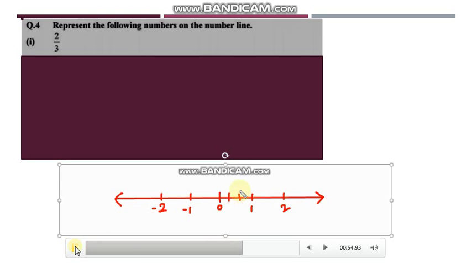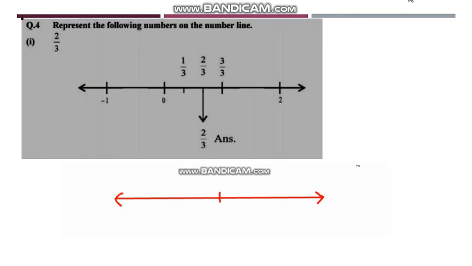Let's check. This is the place where 2 over 3 is lying. Now you can see the solution.